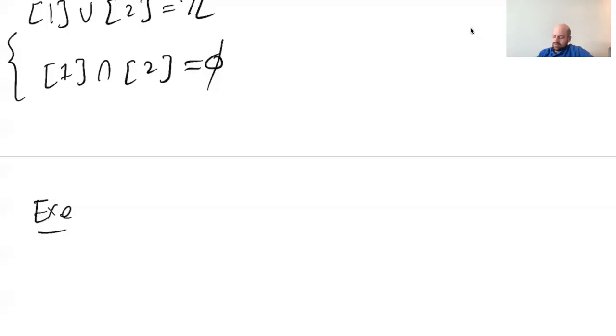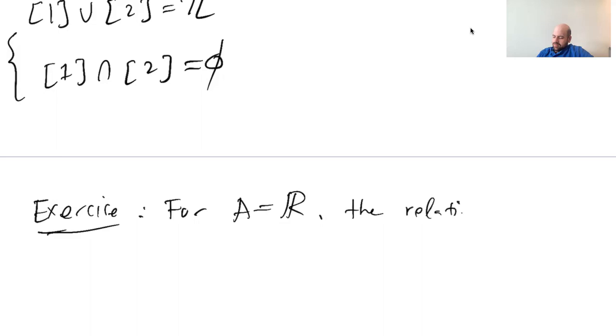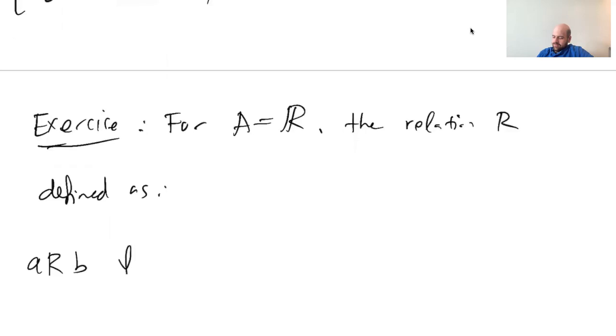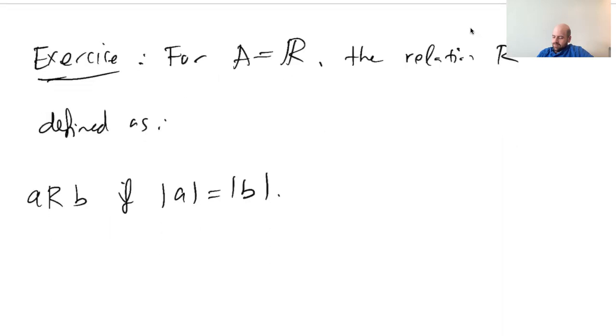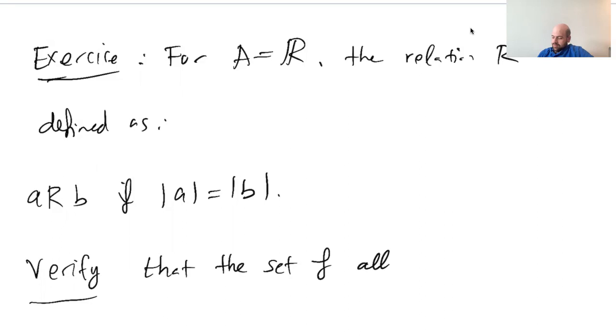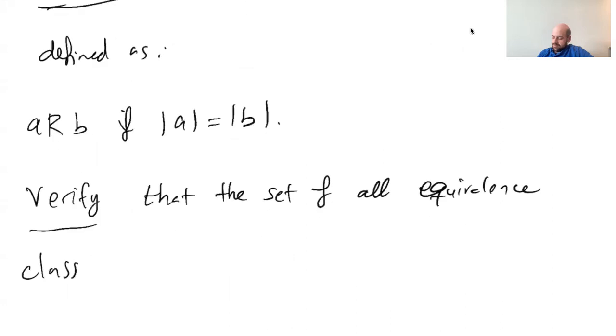Maybe I can leave this one as an exercise: for A equals the set of all real numbers, and the relation R defined as A R B if absolute value of A equals absolute value of B. Verify that the set of all equivalence classes forms a partition for R.